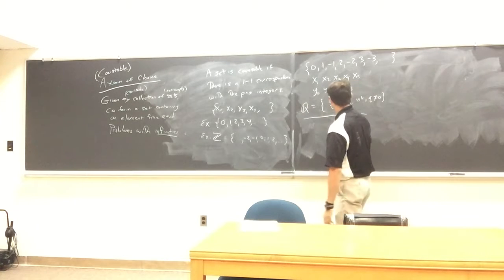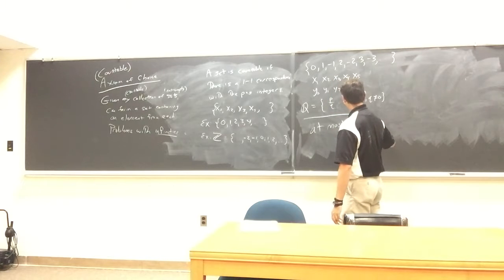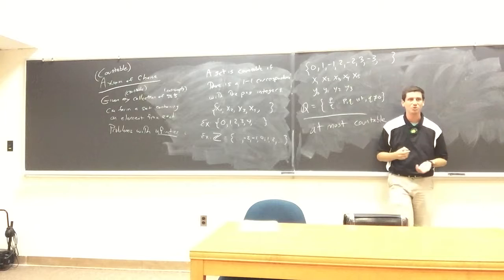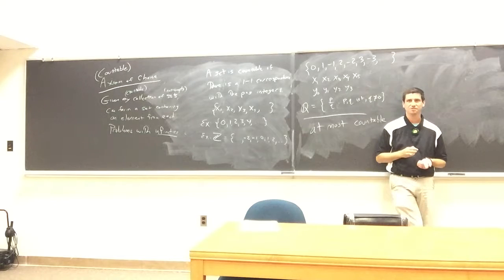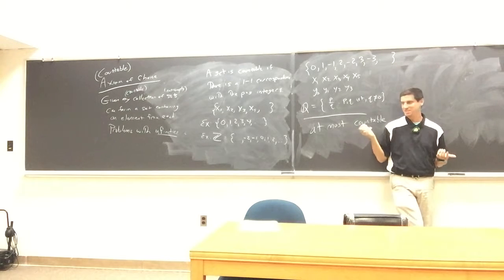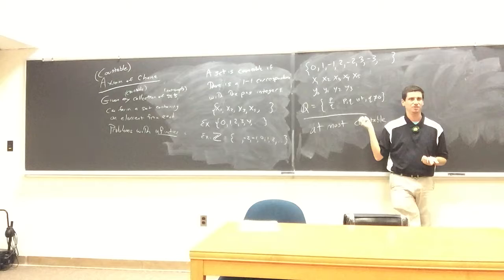What do you think at most countable means? So if I tell you a set is at most countable, what would you guess? Yes? It's either finite. Excellent. It's either finite or countable. All right?